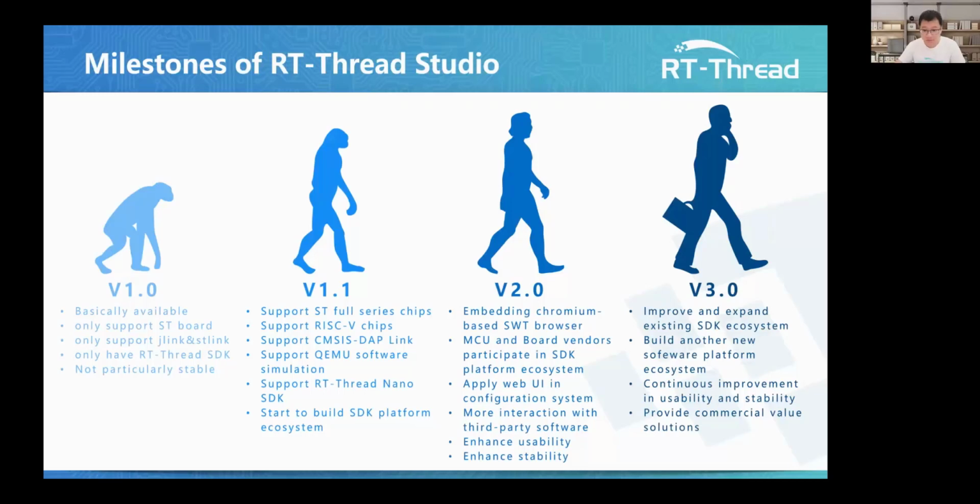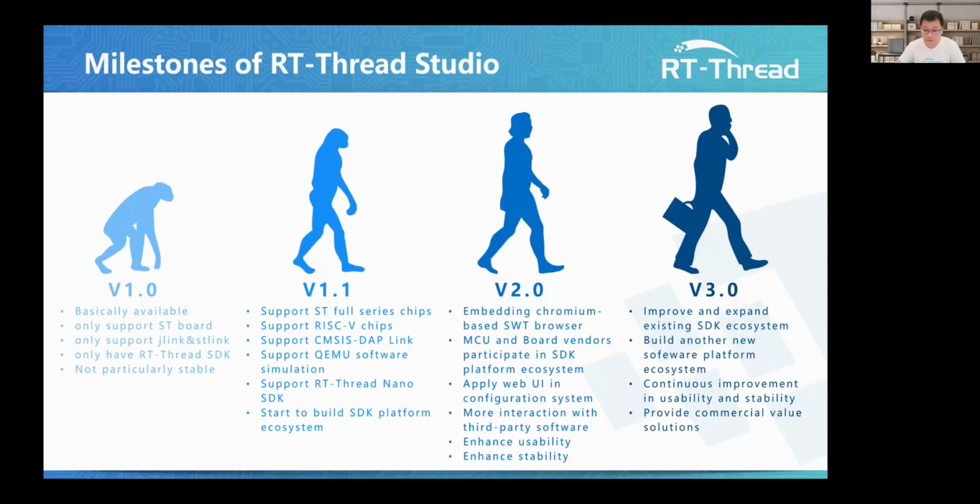By the time of version 1.1, Studio supported ST's full range of chips and began to support RISC-V chips, added support for the CAMSYS DLP debugger, and also supported QEMU software emulation debugging. The most important thing was to complete the new design and implementation of the SDK platform.